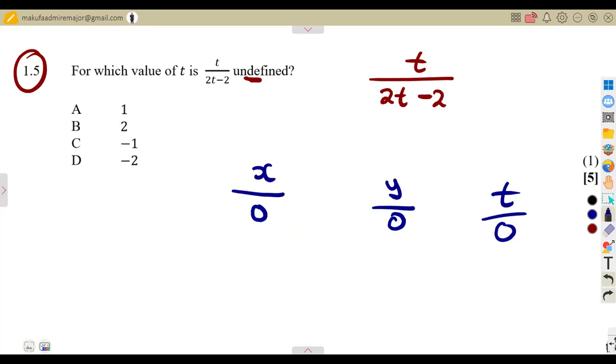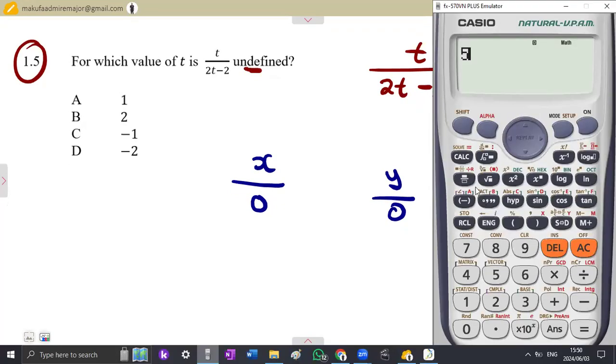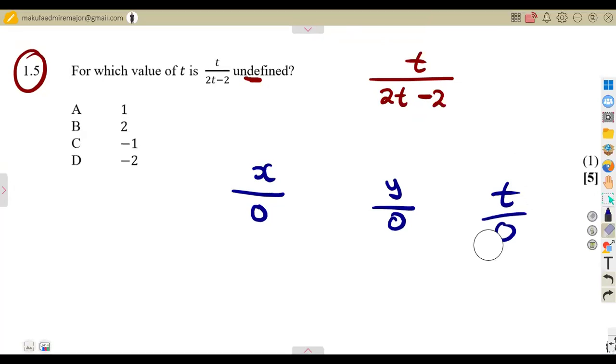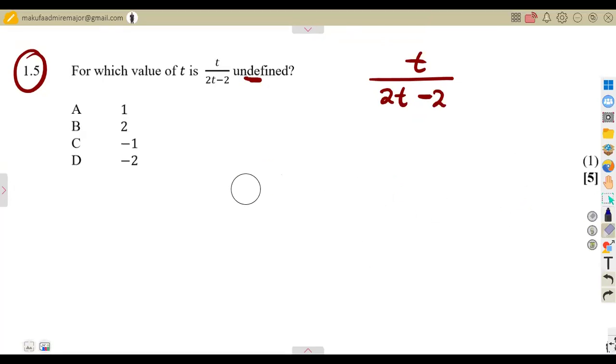If you take your calculator, you divide any number that you want. Let's just use numbers on our calculator. 5 over a 0 like this. What are you going to have? That is math error. This does not exist mathematically. It is undefined. It does not exist in our mathematics.